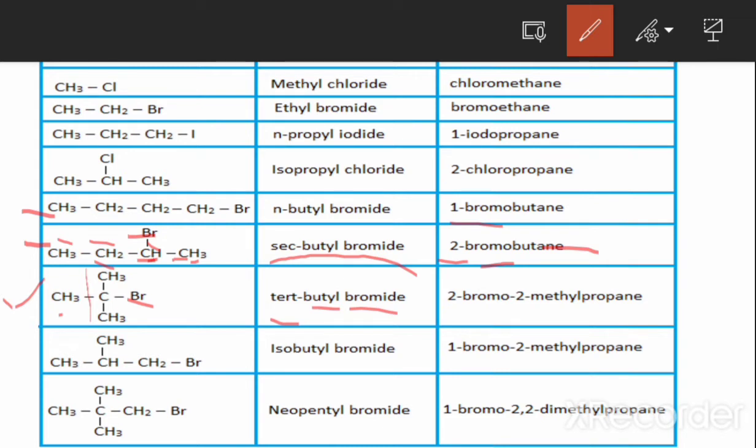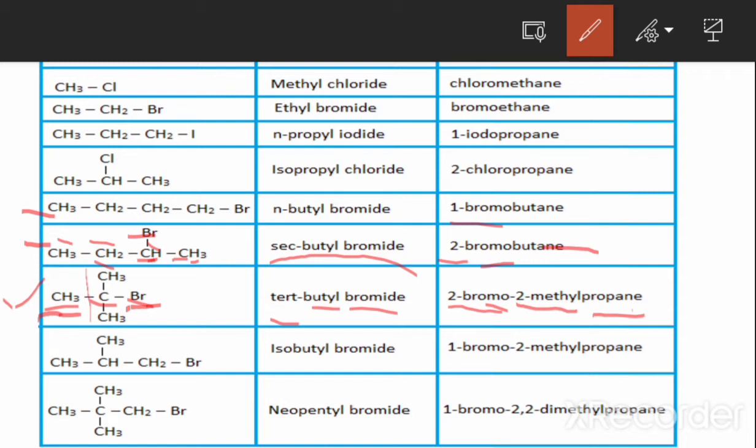So the middle carbon or the second carbon has a bromo group and a methyl group. We will name it 2-bromo because on the second carbon position there is a bromo group, and on the second position there is also a methyl group. We will name it 2-methyl propane because the parent chain contains 3 carbon.